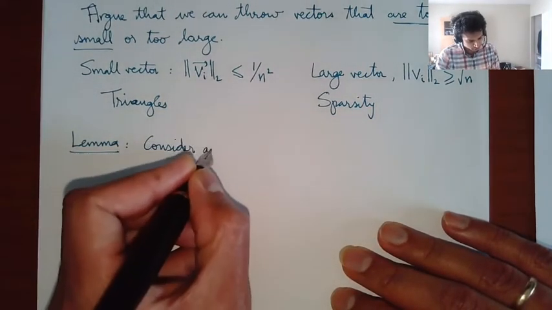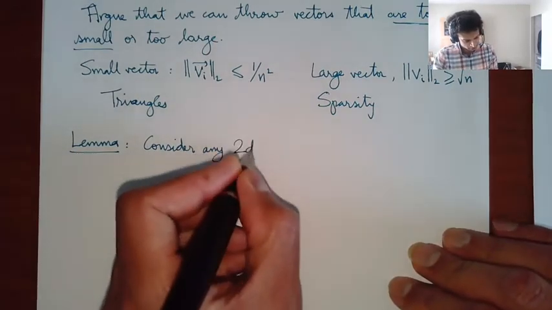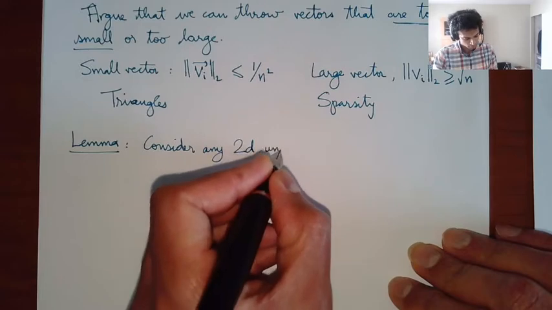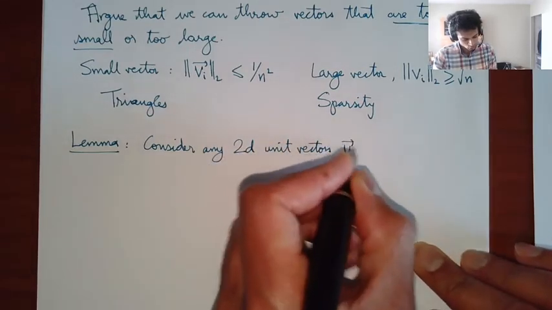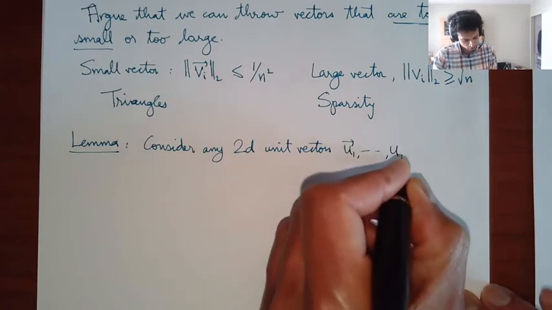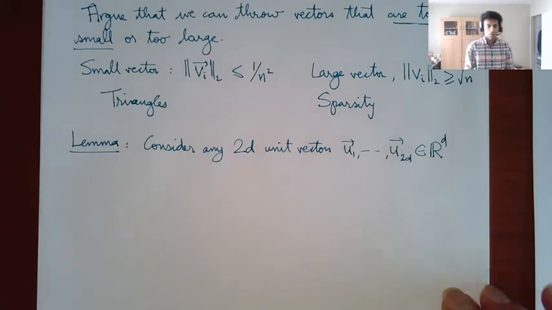consider any 2d unit vectors u1 up to u2d in R to the d. So these are unit vectors.